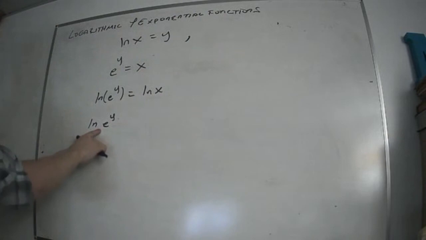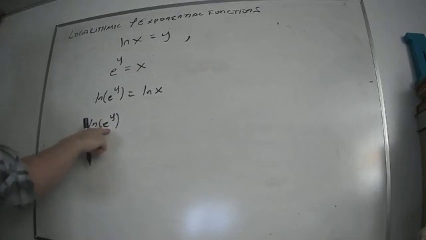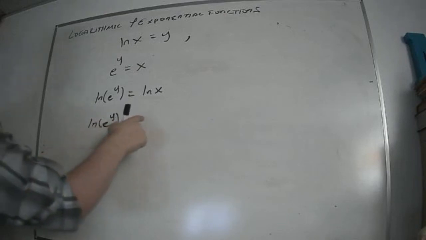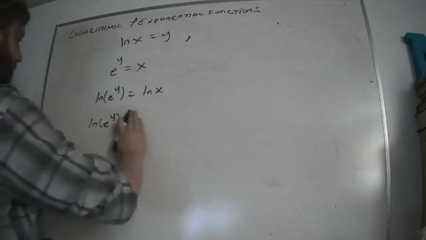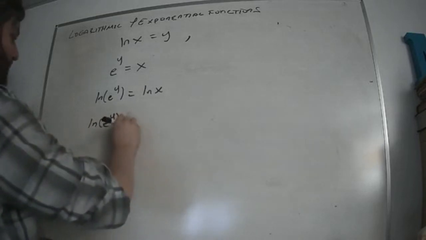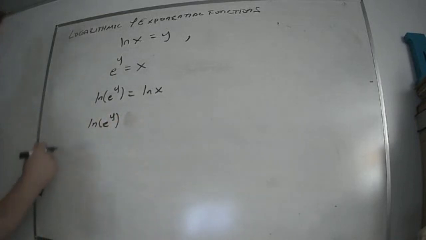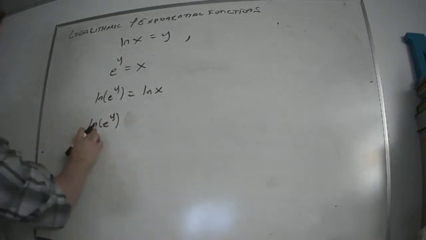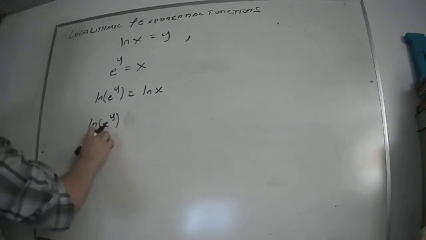So what I have here, if I have e to the y equals x, this is my x value. I can define this as equivalent to the base raised to the exponent equals this.